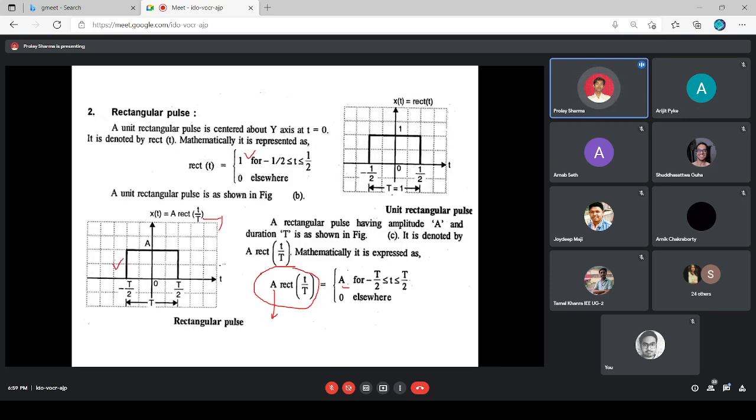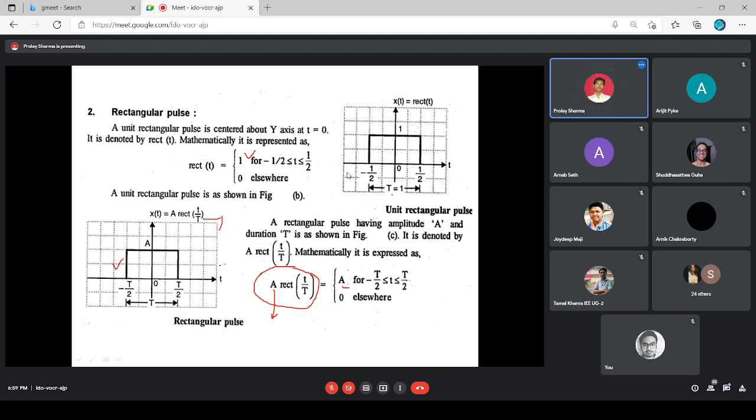Next one is rectangular pulse. Rectangular pulse looks like a rectangular window. Suppose this signal, it is defined in the window -half to +half. Amplitude is 1. So rectangular pulse is represented by the function rect of t.